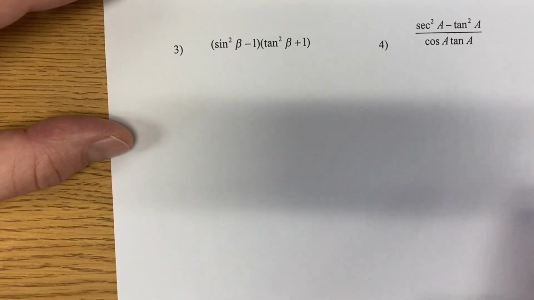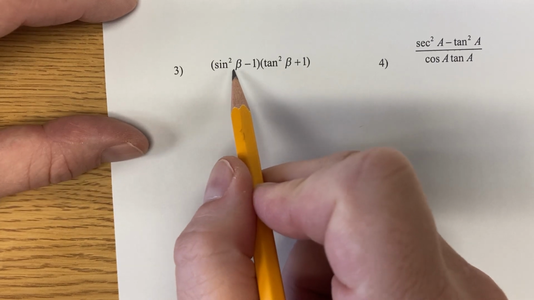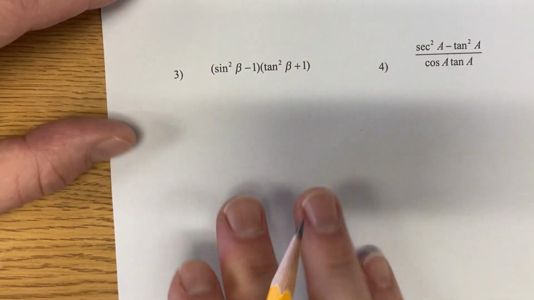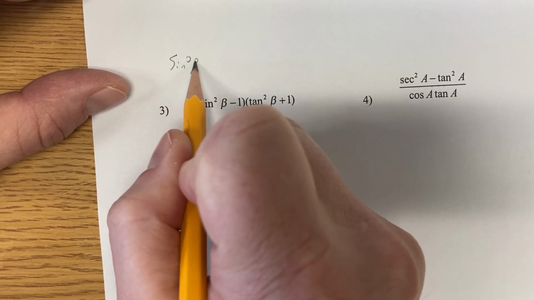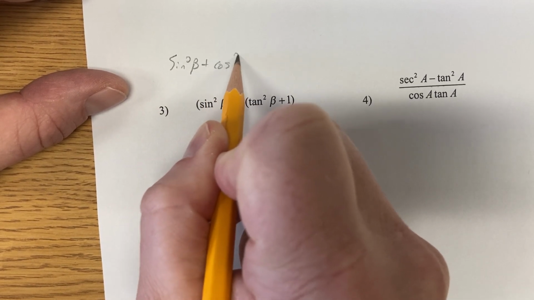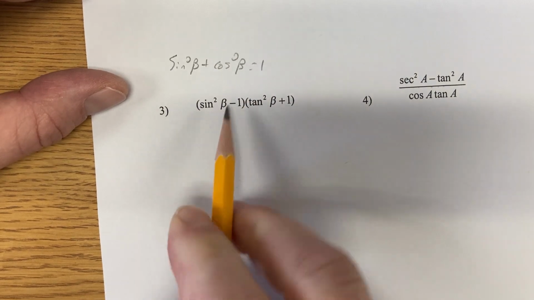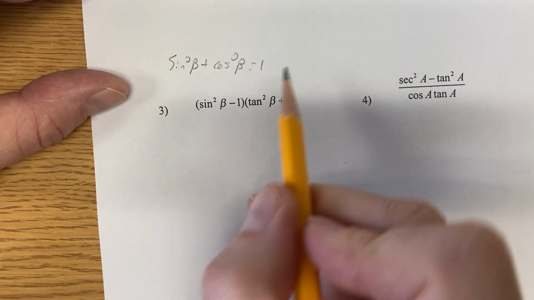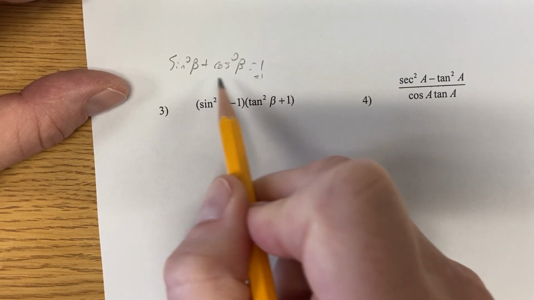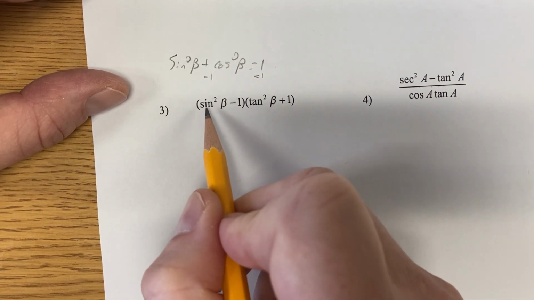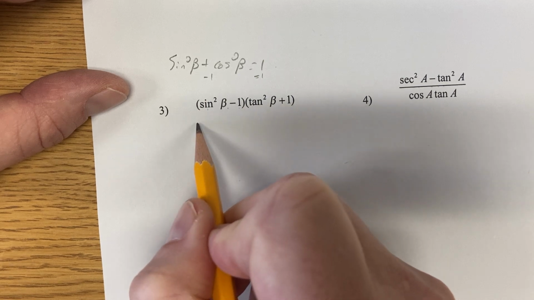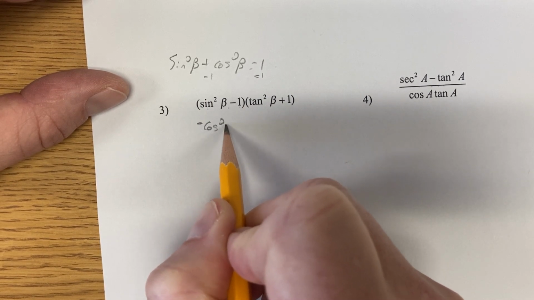Okay. For number 3, we've got sine squared minus 1. Now that one you've got to be a little careful about. The trig formula that we're going to be working with is sine squared plus cosine squared equals 1. So if you want to create this, you have to subtract 1 from both sides, but you also have to subtract cosine squared, which means sine squared minus 1 is equal to negative cosine squared.